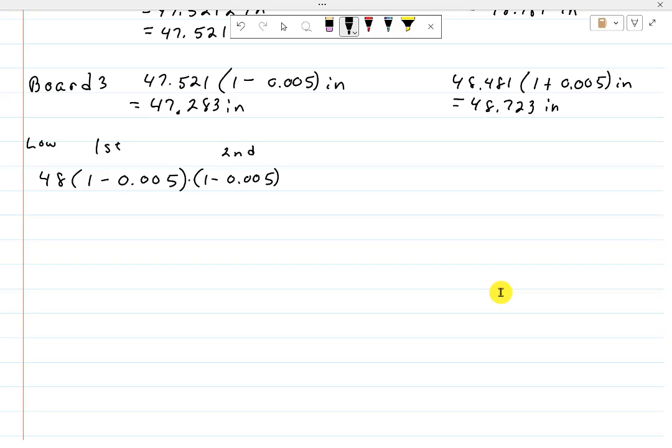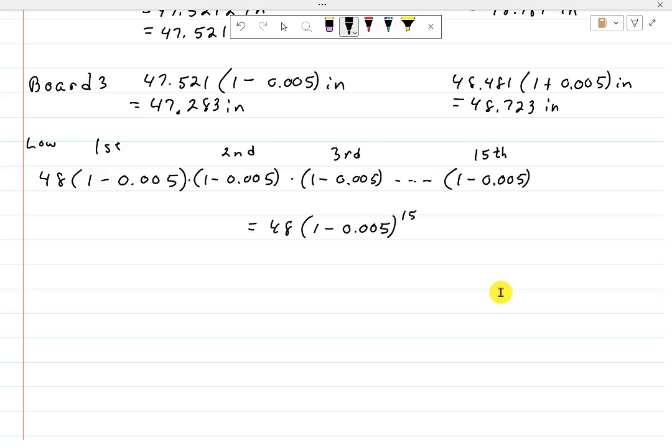Each time just multiplying by a new number. There's the third one. I just have to keep this going until I get to the 15th one. Well, that's no different than 48 times 1 minus 0.005 raised to the 15th power. Something my calculator is quite able to do.